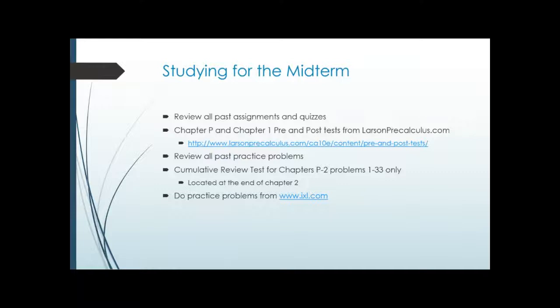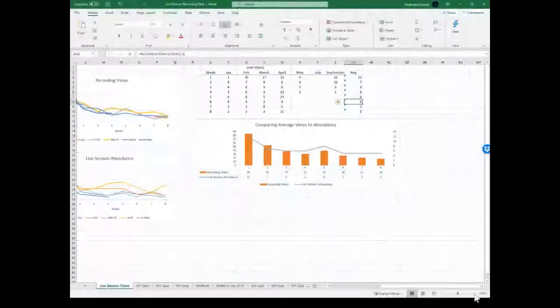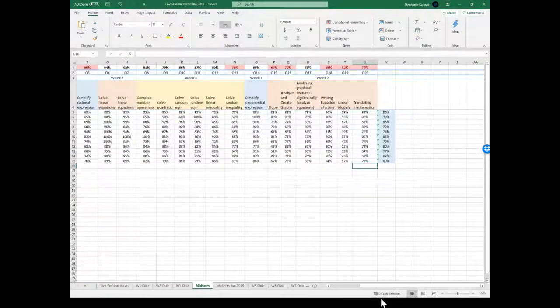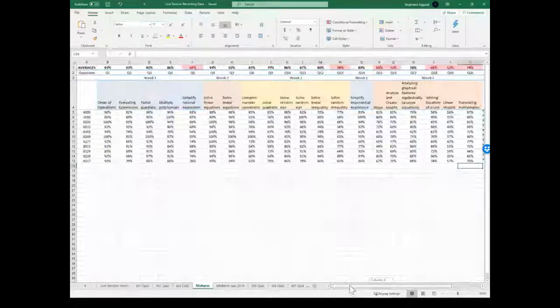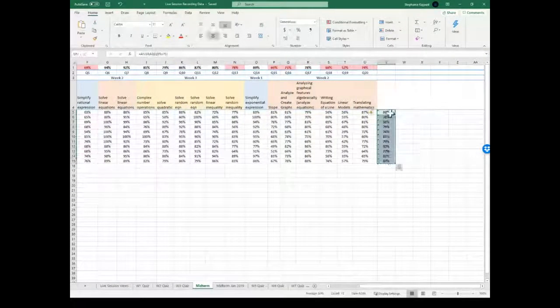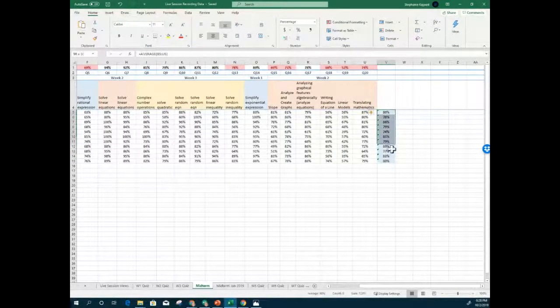Now I think I still have my, yeah, I keep all of this in a spreadsheet. So the midterm, these are all the topics, so you don't see the questions here, but I keep track of like the averages. So these are the average scores for each class. You can see that the averages are quite good. They're in the 70s and 80s.